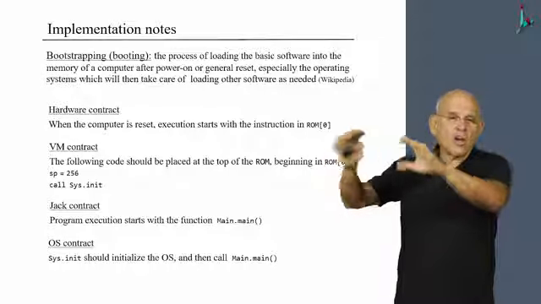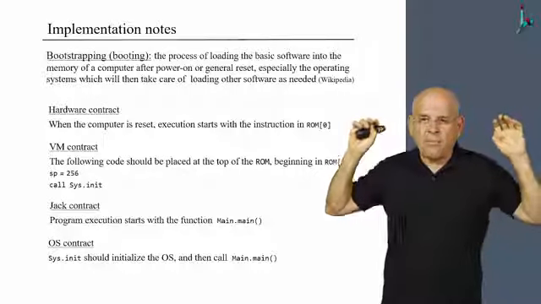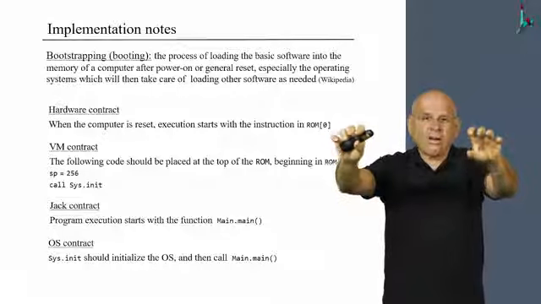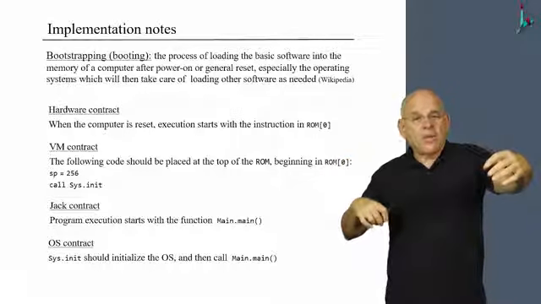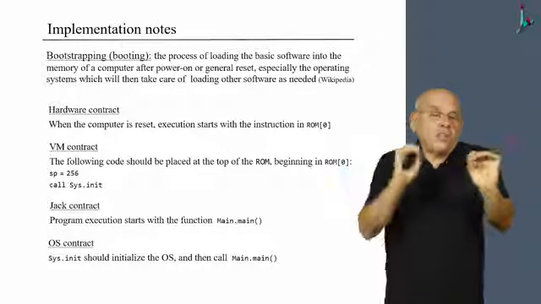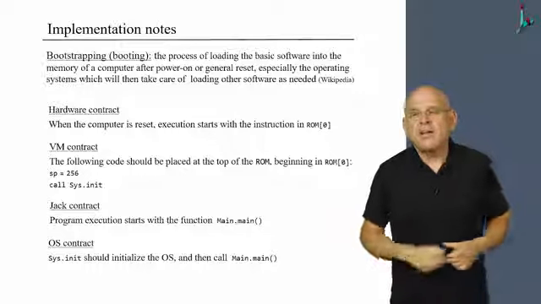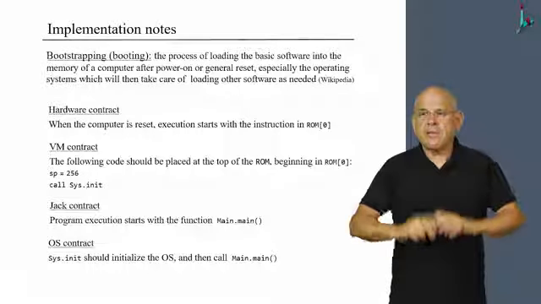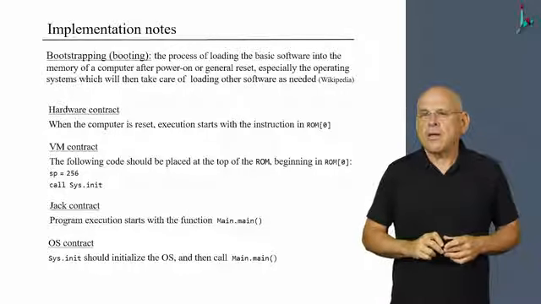The builder of the hardware has to do something. The person or the team that implements the VM translator must obey this contract. The Jack programmer must obey the contract. The team that builds the operating system. But if each one of these teams that may well have never met each other plays according to the rules of the game, then everything will work smoothly like a great symphonic orchestra.